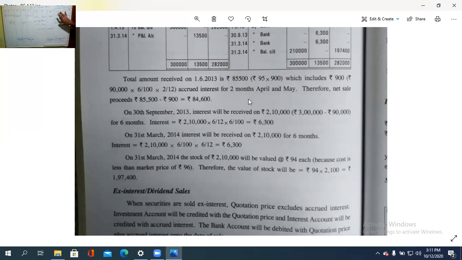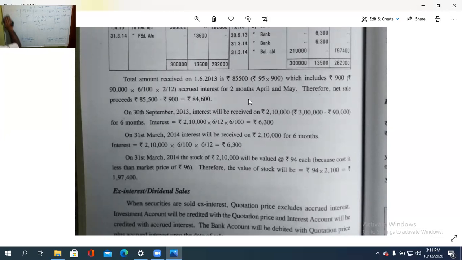Then the difference is in the interest account, where 13,500 is the credit side total, and that is treated as the profit and is to be transferred to the P&L account. So this is cum interest or dividend sale.